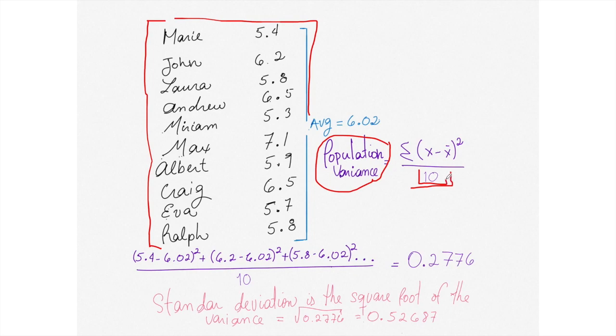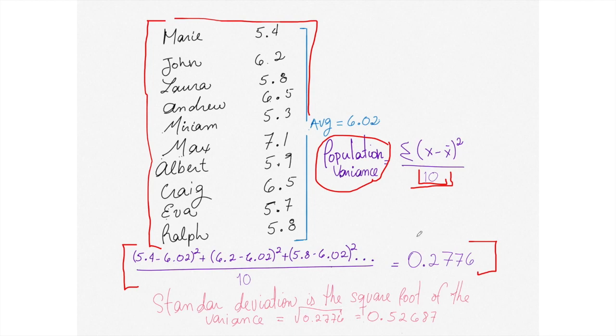If we're using sample variance, we do. In here, I have solved the equation just so you can see graphically how it would look like. And the answer is 0.2776.